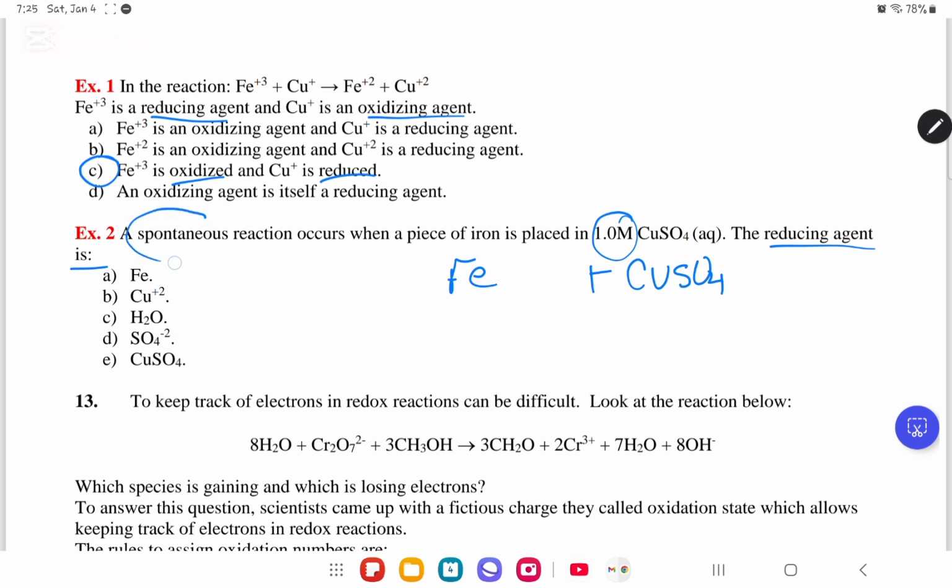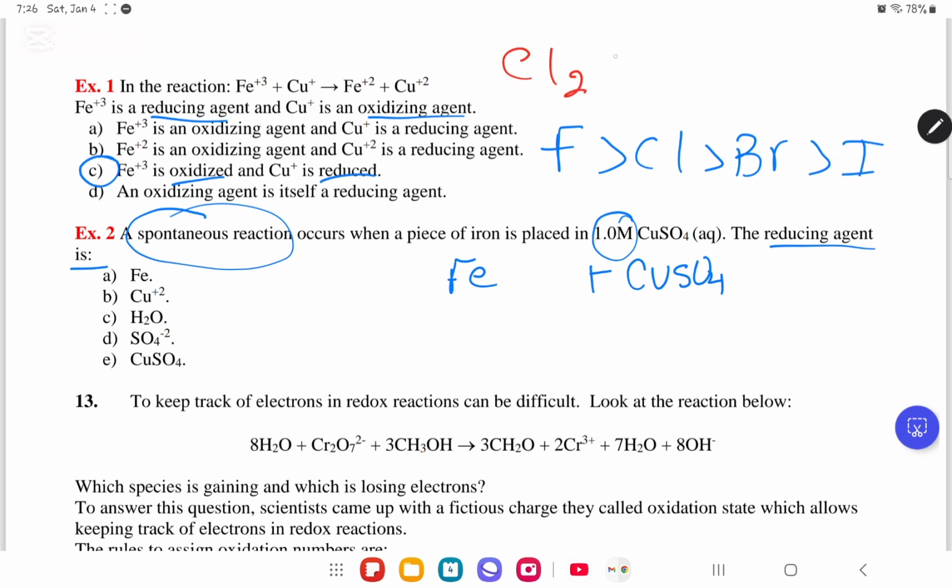So a spontaneous reaction occurs. If you remember from the displacement reactions, a spontaneous reaction was, for example, Cl2 in addition to NaBr, a spontaneous reaction will occur and then it becomes Br2 plus NaCl.